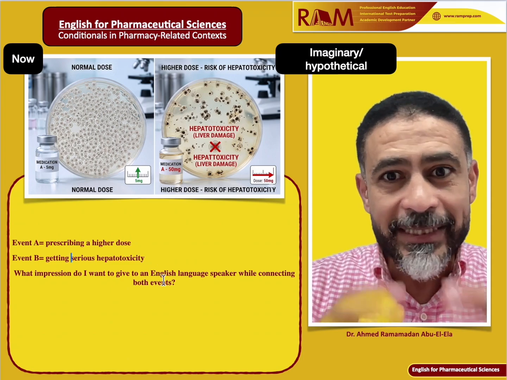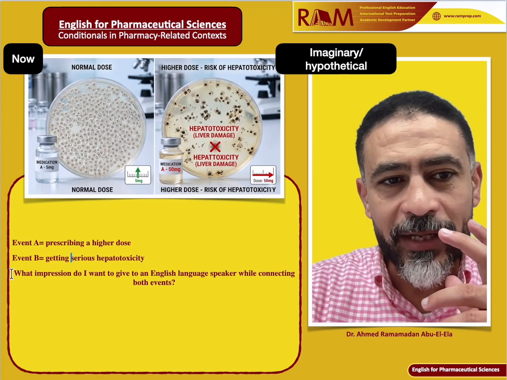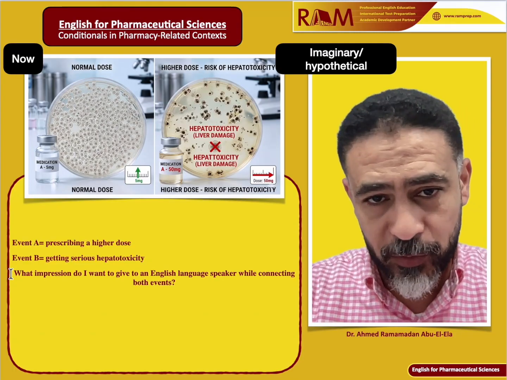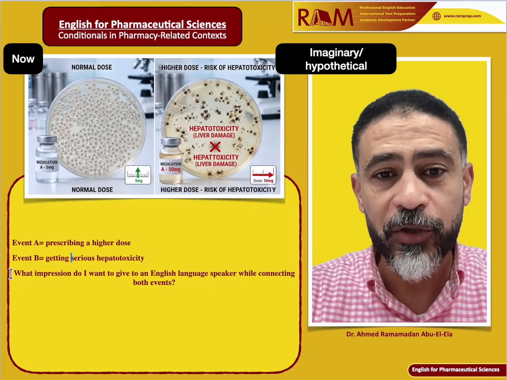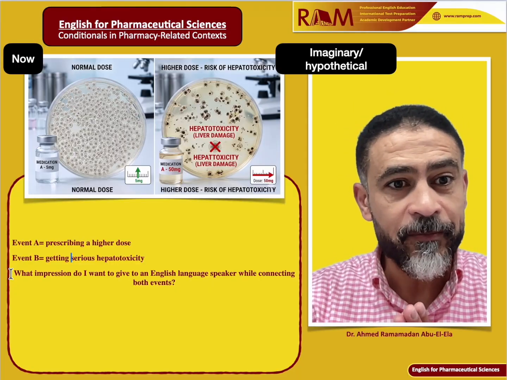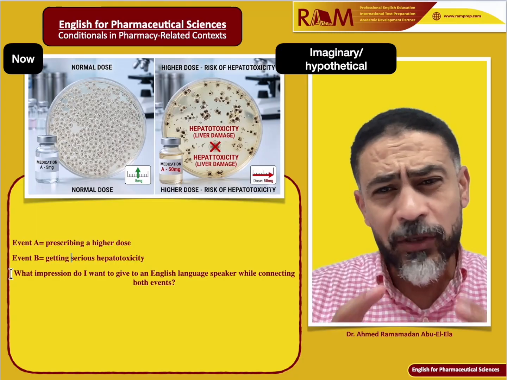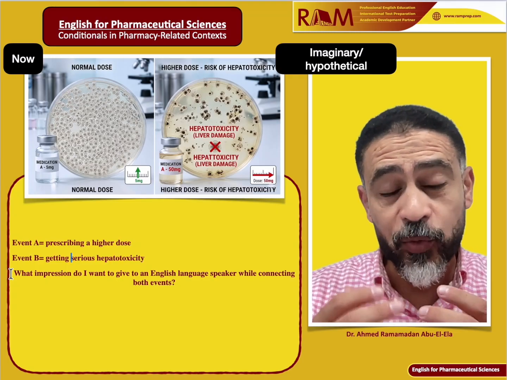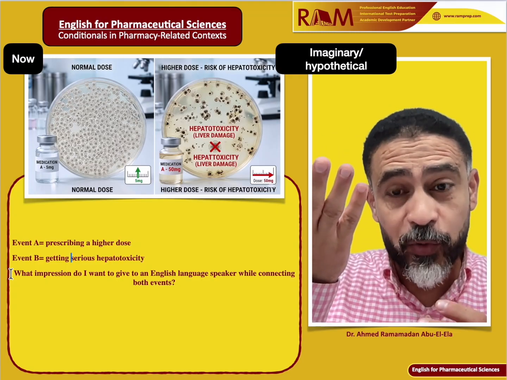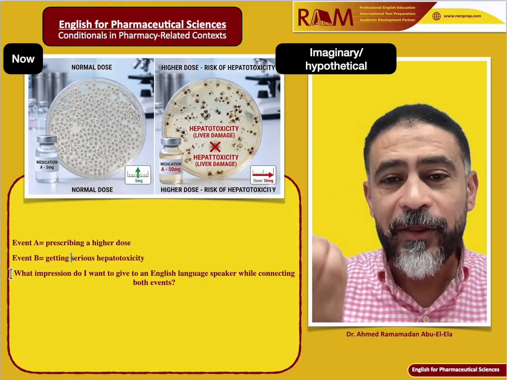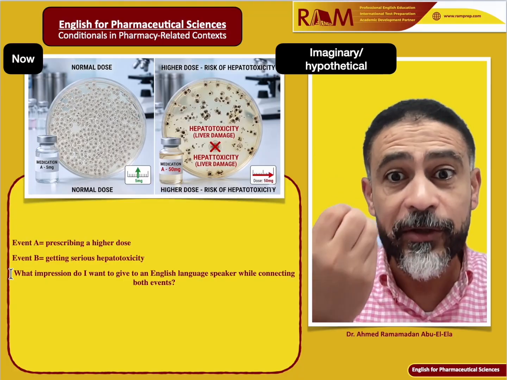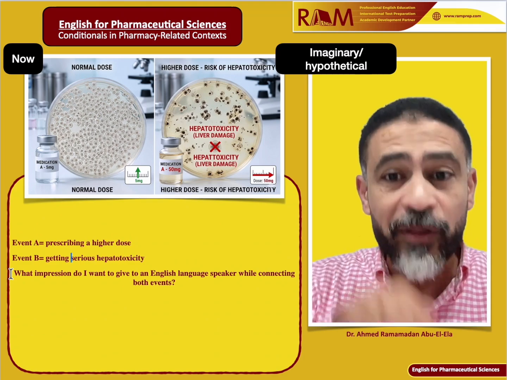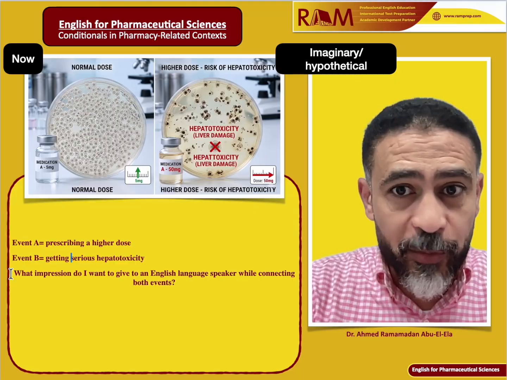So what impression do I want to give to an English language speaker while connecting both events? I want to give an impression that this is hypothetical, that giving a higher dose is something not real in real life at the present moment.